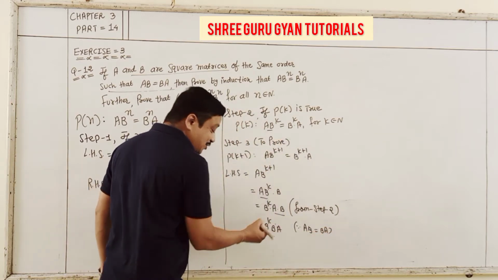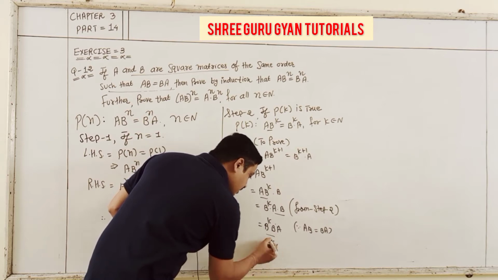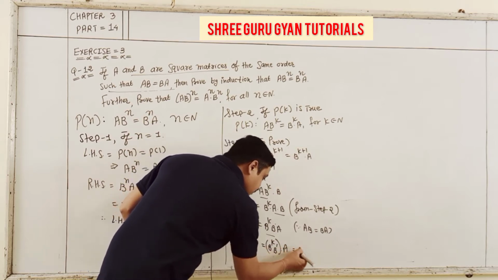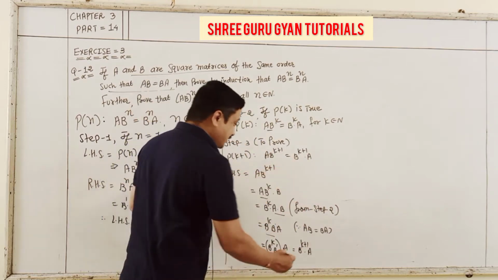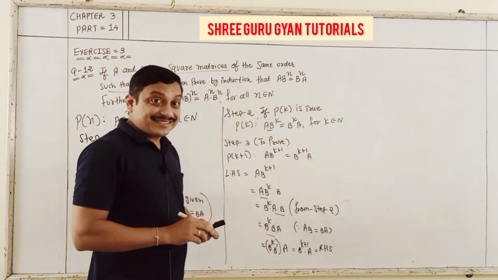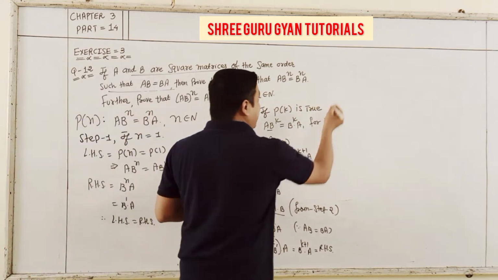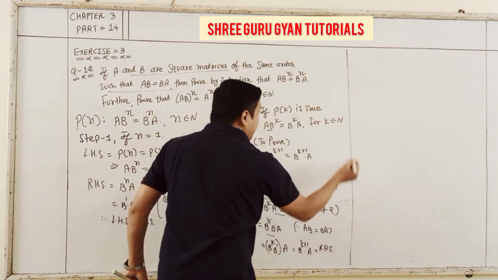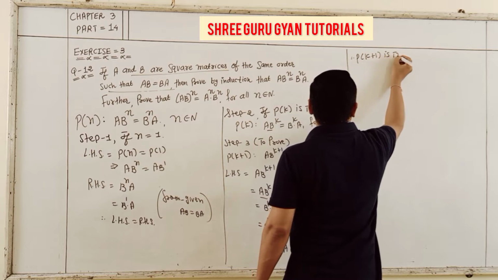Now these both you join: B^k with B^1 into A will give B^(k+1) into A, and that is your RHS. It means your step 3 is done. So I write here, therefore P(k+1) is true.